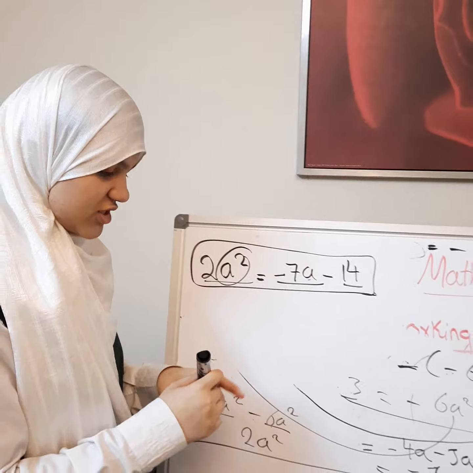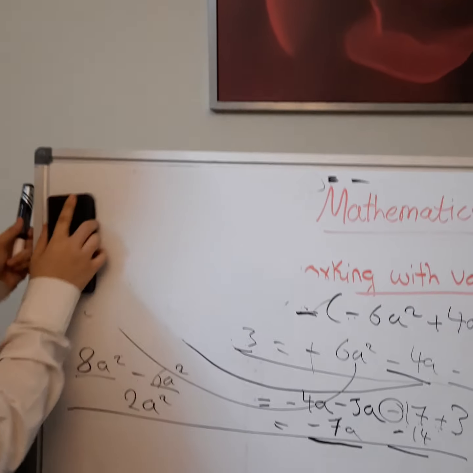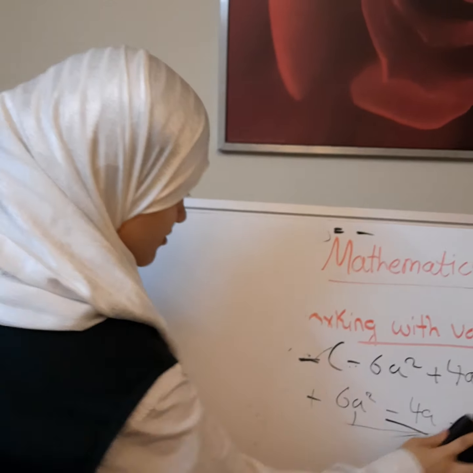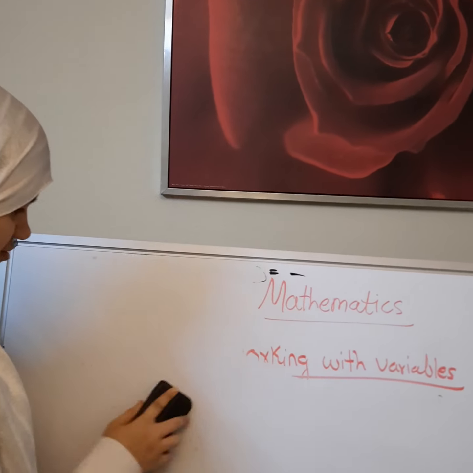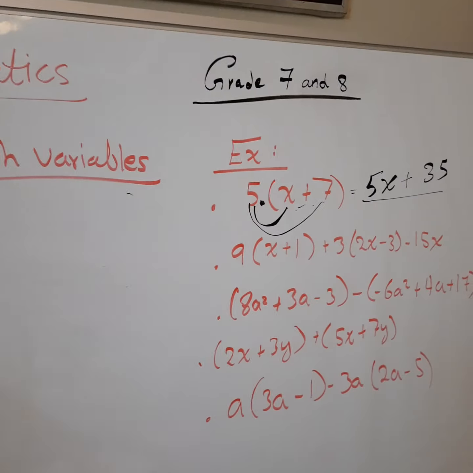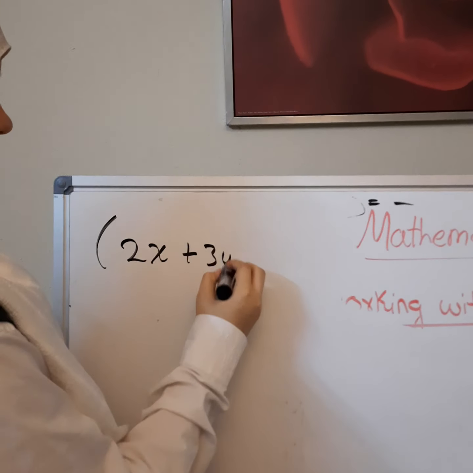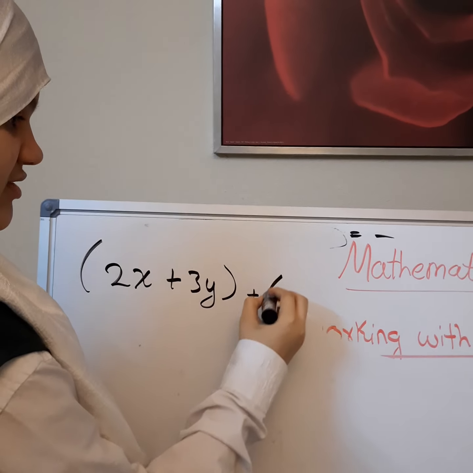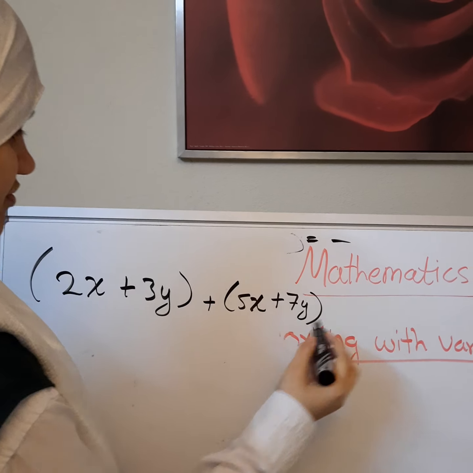Now the second question. The second question will be (2x plus 3y) plus (5x plus 7y).